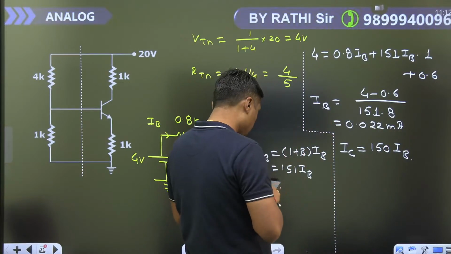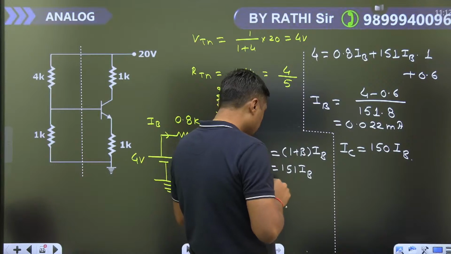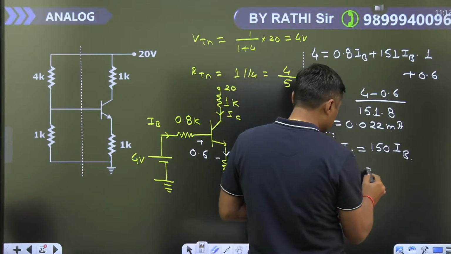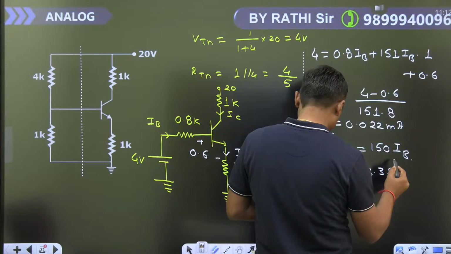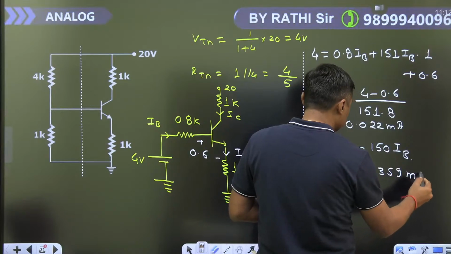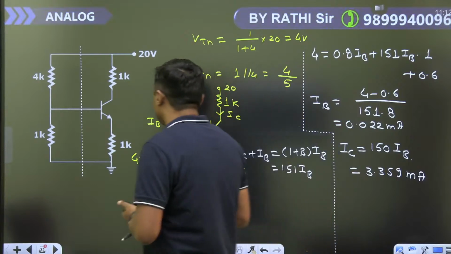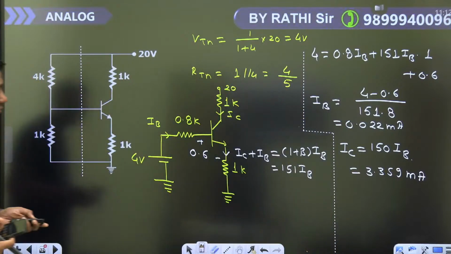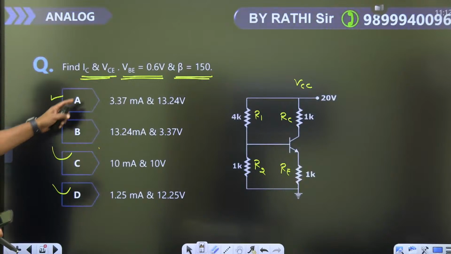Then it is multiplied with the 3.35, 9, so we can say 3.36 milliampere. Is there any 3.36 milliampere? Just 3.37, nearly equal to 3.37 milliampere, 13.24.